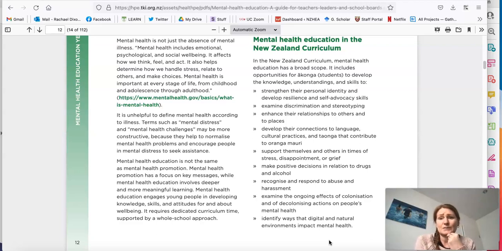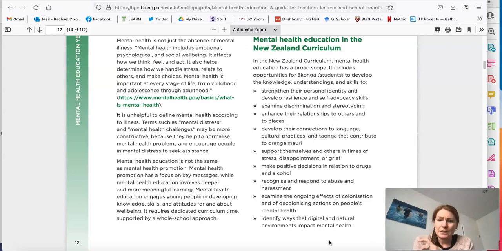So you can see that it's about personal identity, resilience, and the skills to advocate for yourself and to be well. Discrimination and stereotypes. Connecting ourselves to others and connecting ourselves to place and people. Connections to our cultural traditions and norms and things that are special to us. Supporting and coping with situations of change, loss and grief.